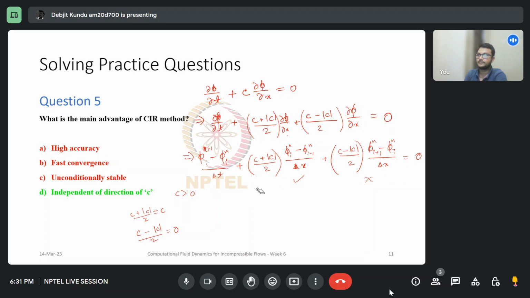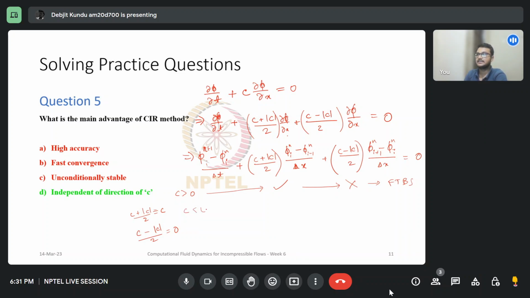Let me write this down clearly. So when C is greater than 0, this second term remains and the third term vanishes. And all this actually leads to an FTBS scheme, which is proper for C greater than 0.